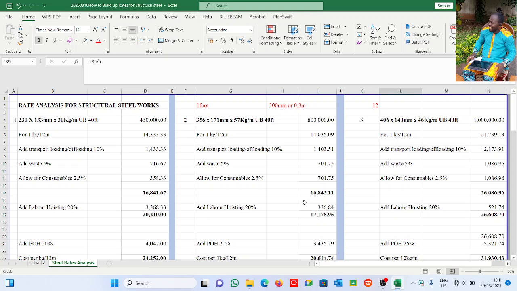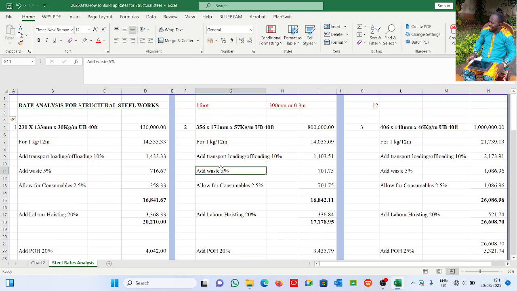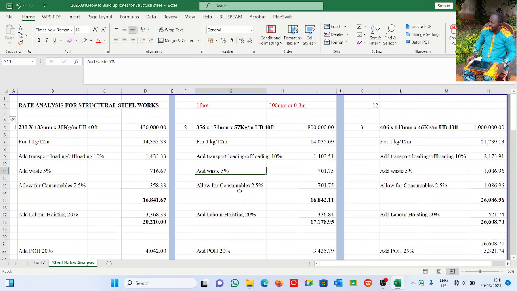It gives you more confidence when you face your bosses or your clients and you want to talk about these items. All right, this is basically how you prepare rate analysis for structural steel works. I actually did this project for a client, and I had to go through this rigor, prepare the rates so that I can price it effectively, and I also want you to do the same.